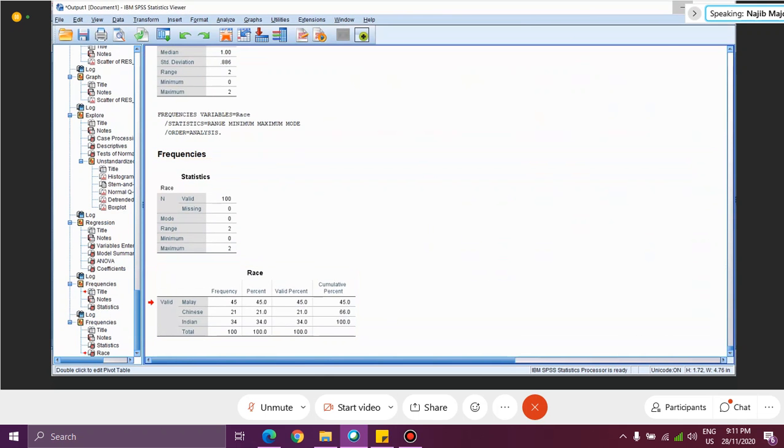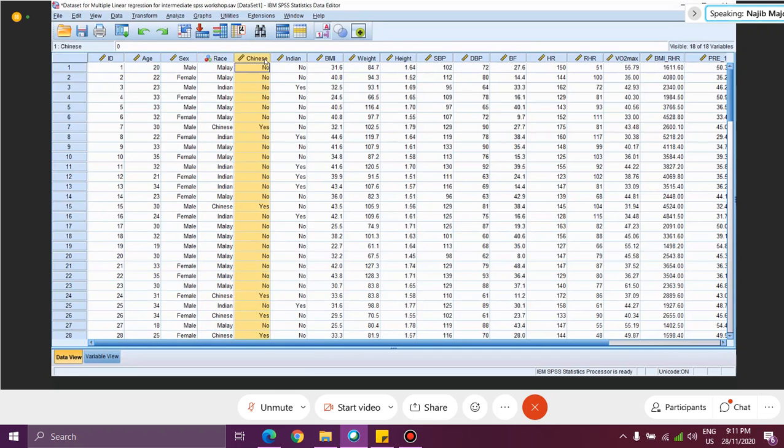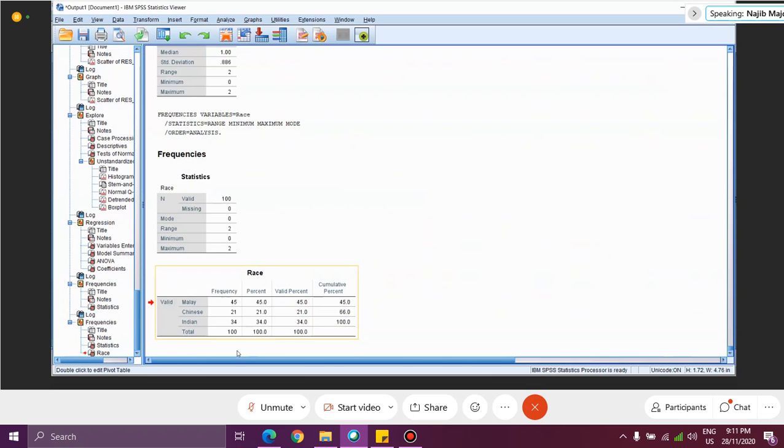So you need to come up with two additional variables, which we call dummy variables, with one group as the reference group. Remember just now, male and female, one of the groups needs to be the reference group. Similarly, if you have three or more groups, one group needs to be your reference group.